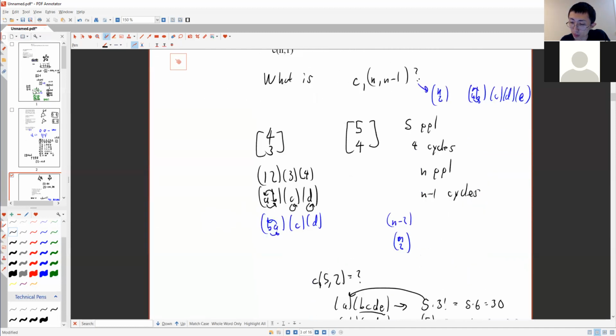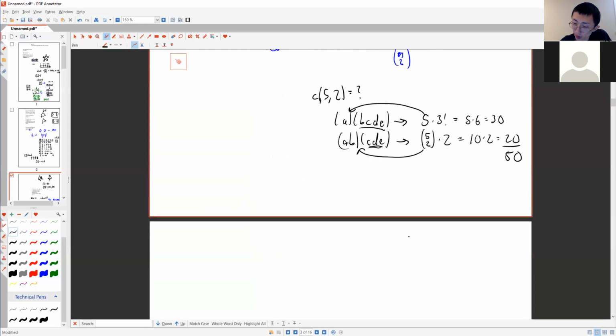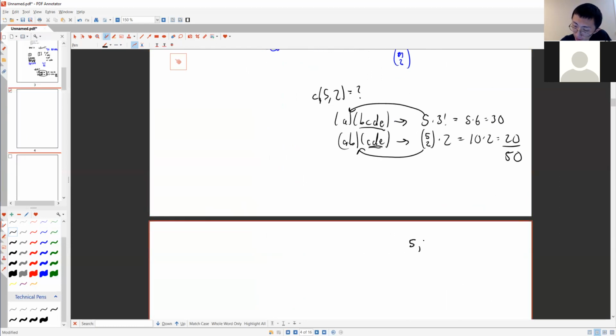What if we have 5 and 3? If we have C(5, 3), let's see. So now there are a few cases. What would be the cases for the sizes of the 3 cycles?